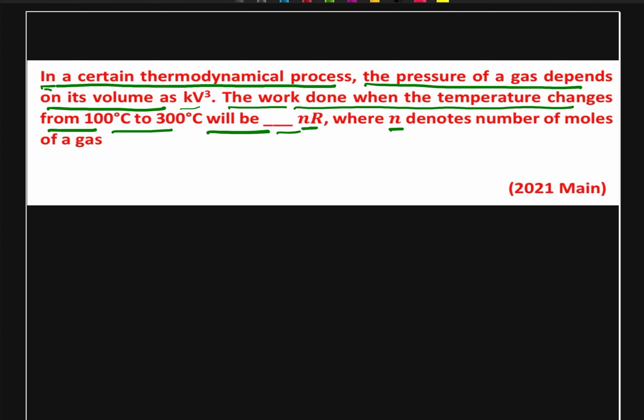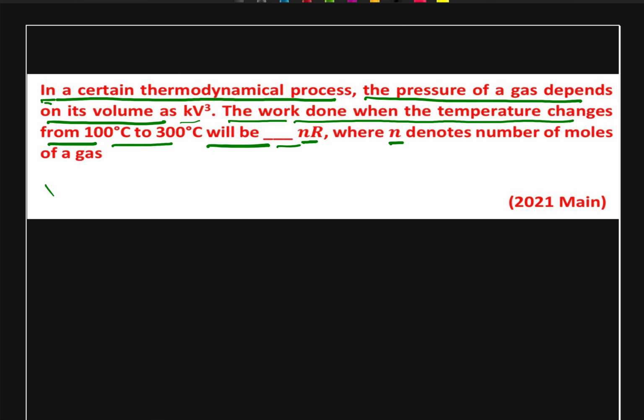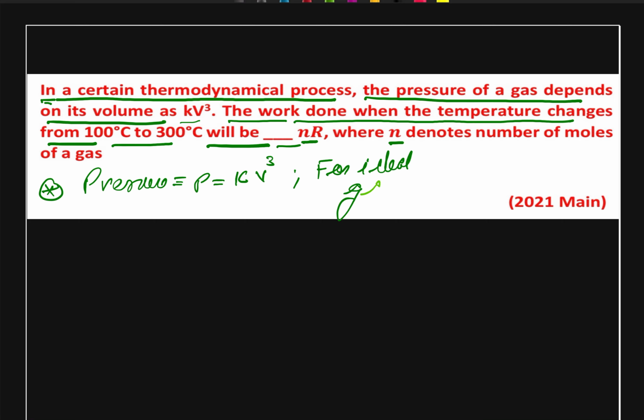So we are given that in this particular case, our pressure P is equal to K times V raised to power 3, and for an ideal gas we know that PV is equal to nRT.